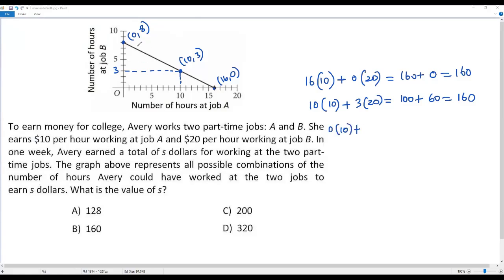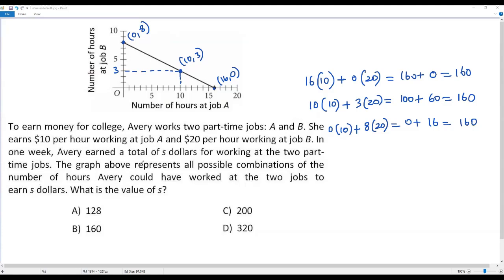Now to find the amount she earns at job B, we multiply the number of hours, 8, by the amount she earns per hour at job B, which is 20. So 0 times 10 is 0. 8 times 20 is 160. We get 160. Okay, if I choose any point on the line, the total earnings is $160 in both the part-time jobs A and B.